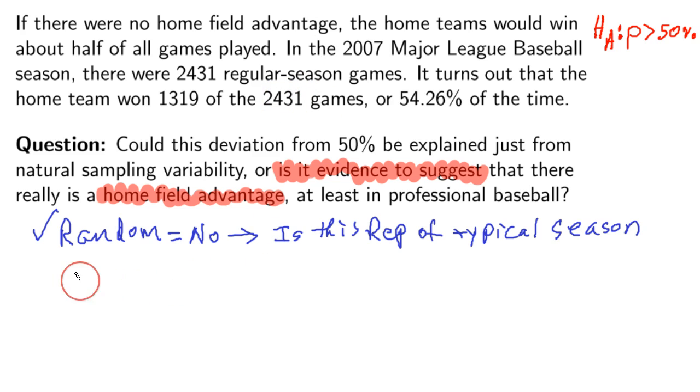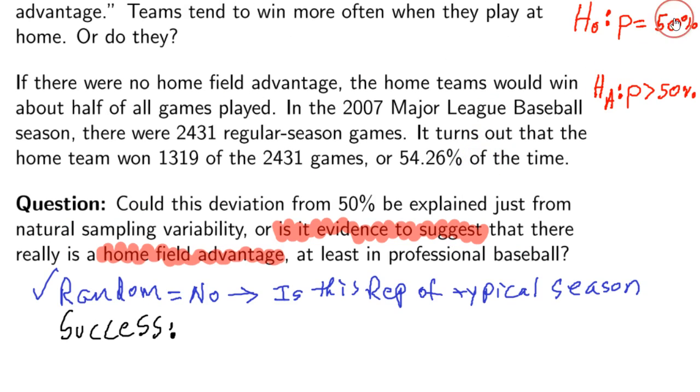The next thing we're going to take a look at is the success and failure rate. Based on what I know, we use the null as the test here. So 50% of these 2,431 games, that's what we would expect. So if I take the 2,431 games, I know that 50% of them should end up being home field wins.